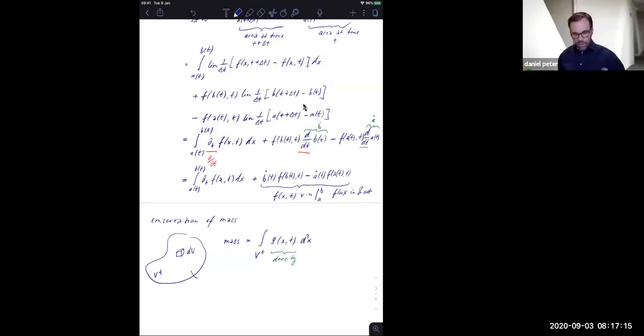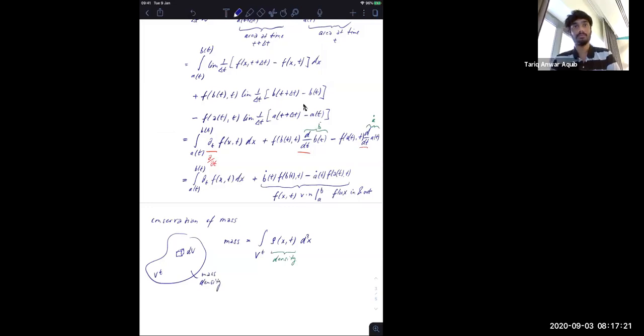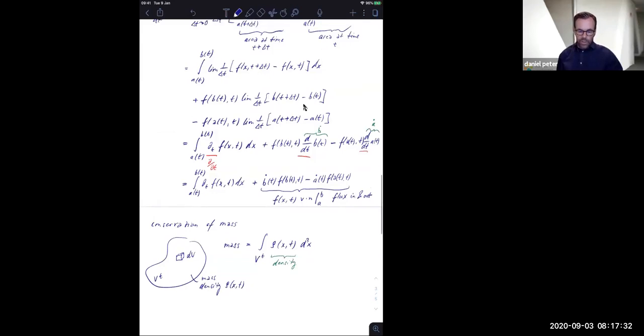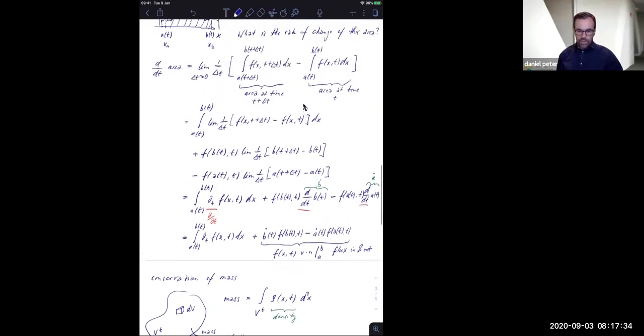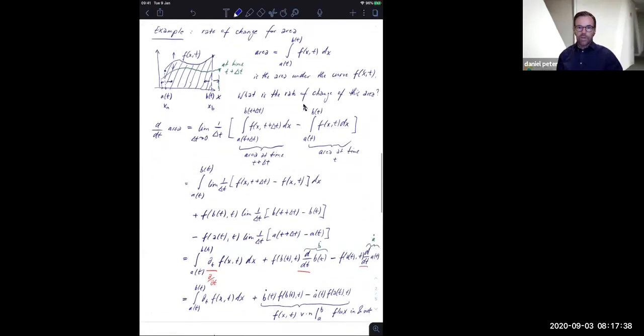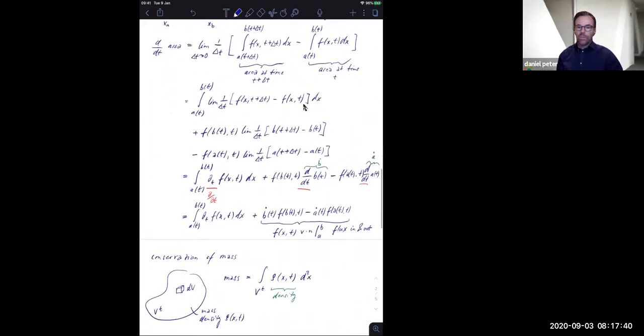So here, basically, what we have to know is the mass density, rho, which can also change with position and time. So if you now compare how we defined mass and how we defined area, the expressions look very similar.